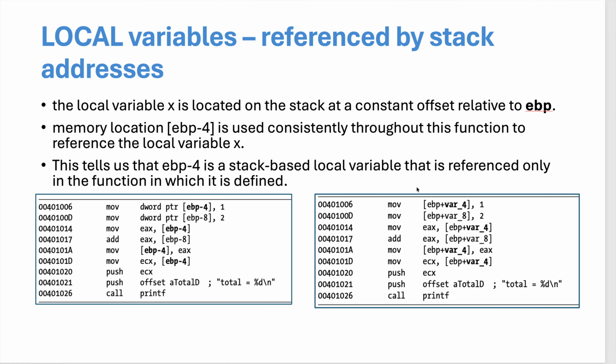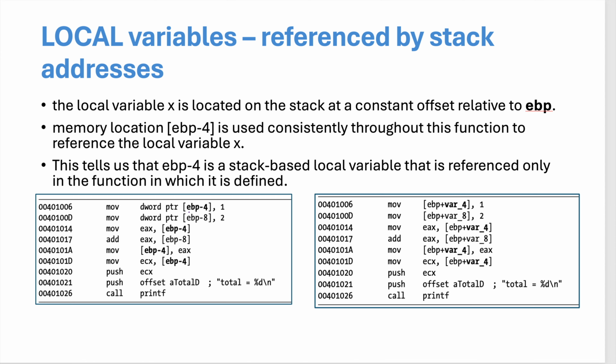Now, local variables are referenced by stack addresses. As it shows, a local variable x is located on the stack at a constant offset relative to EBP.